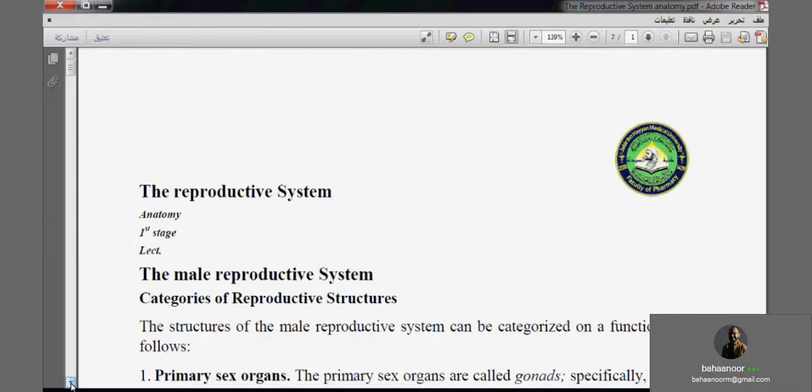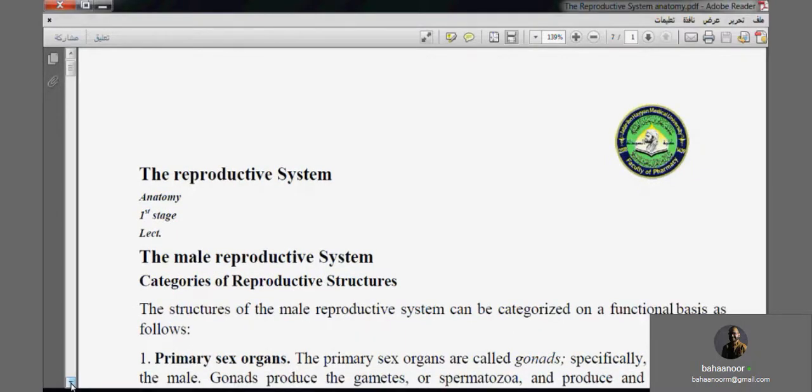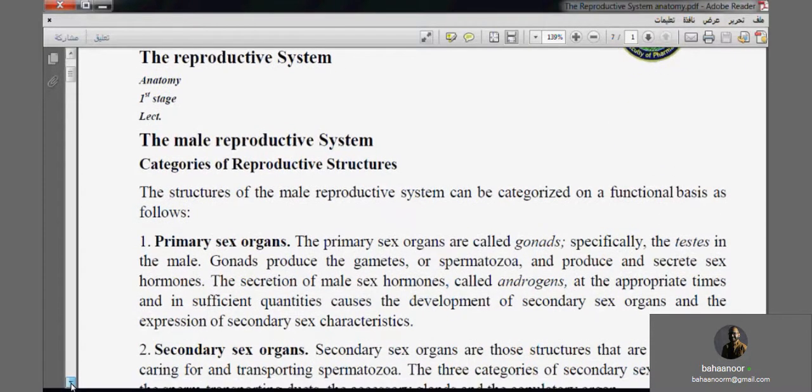كلنا نعرف reproductive system عندنا two types: male reproductive system and female reproductive system. بالنسبة للميل reproductive system نقسمه according to the function إلى primary sex organs وإلى secondary sex organs.